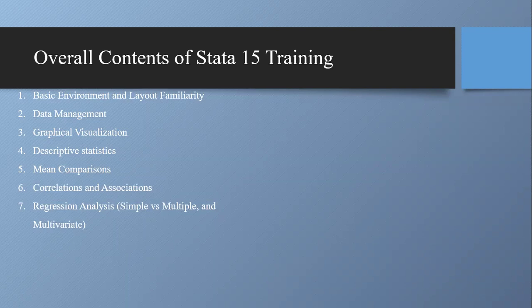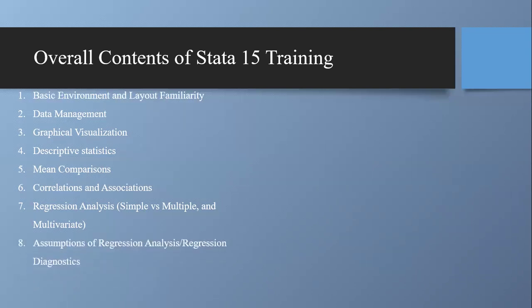In multiple regression analysis, you have more than one independent variable and one dependent variable. But in multivariate analysis, you might have more than one independent and more than one dependent variable. When your dependent variables are more than one, you are considering multivariate regression analysis. So I have included this in our training.